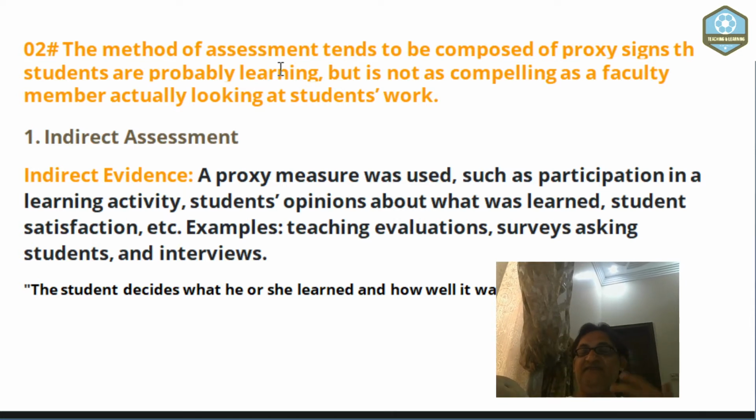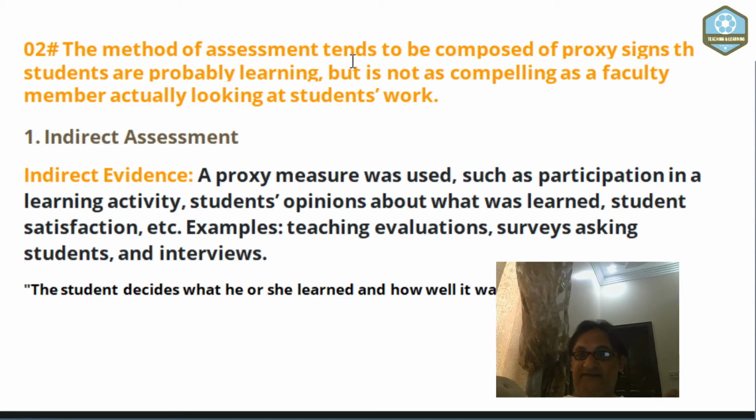They have to decide what they want to learn and how they want to learn. So this is the most important thing, that a proxy measure was used, such as participation in a learning activity in which students' opinion, students' satisfaction, teachers' evaluation, observation, surveys, asking questions, interviews, these are the indirect assessment, and these are the evidences for that.